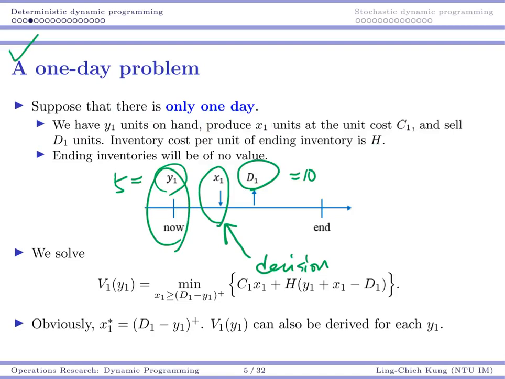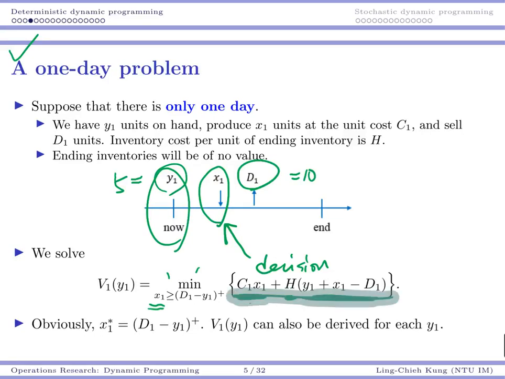Well, basically, what we need to do is to focus on the amount we need. So here, our x1 is our decision variable. We want to find x1 to minimize what? We want to minimize our production cost plus our inventory cost, which is the total cost we need to pay.